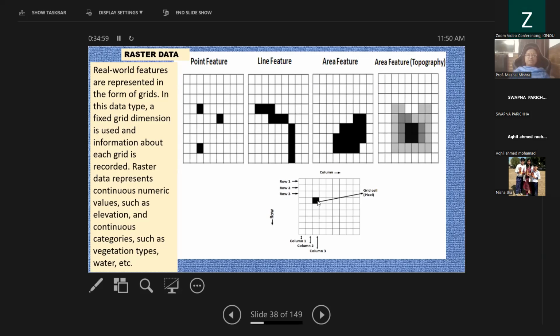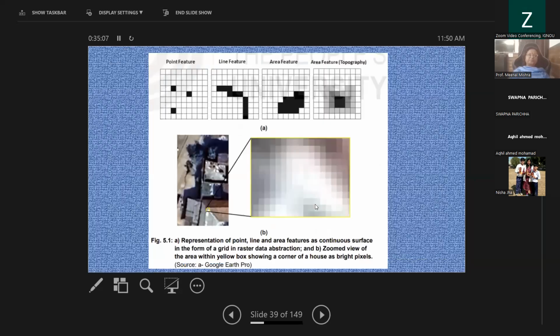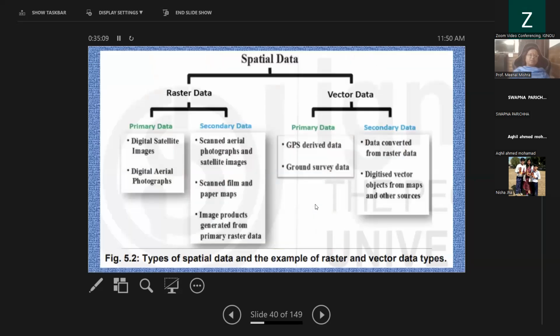Okay? Normally we call it a pixel. So this is the smallest building block of raster data. We have already looked into this particular figure when we were discussing the earlier unit, that raster has primary, secondary data, and vector also has primary and secondary data.